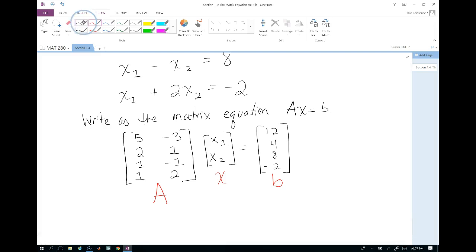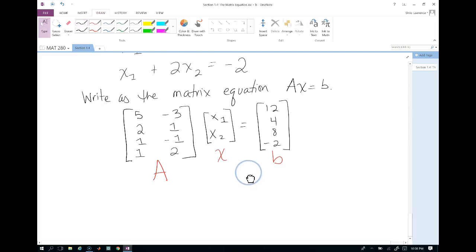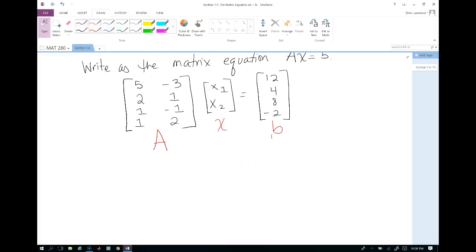So like I said earlier, what we're doing here is linked back to what we did in the last section, where we were trying to figure out if a given vector was a linear combination of another set of vectors. Another way of saying that is that a vector belongs to a span of vectors. And that was in section 1.3.